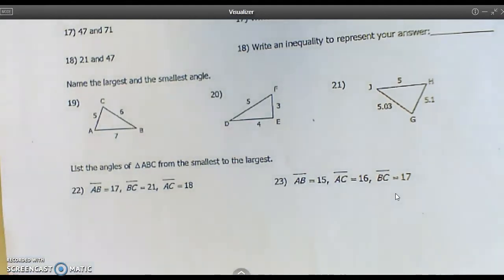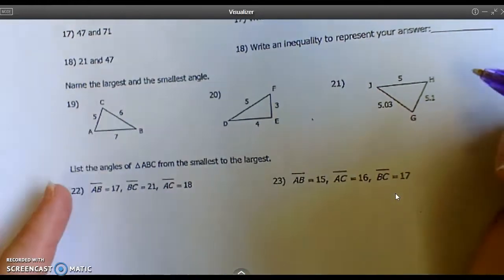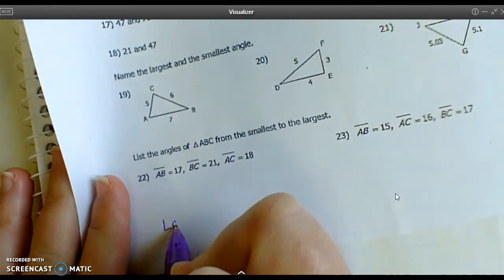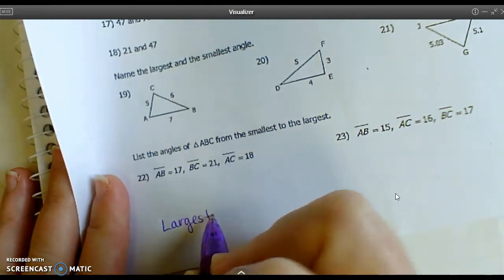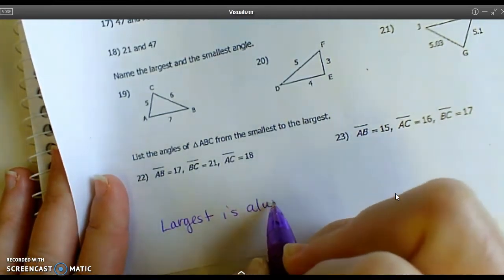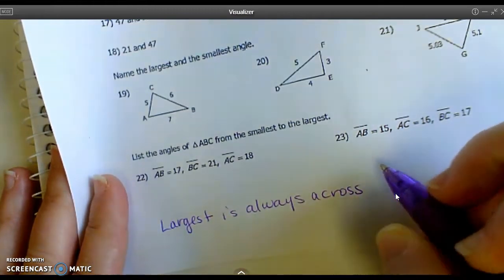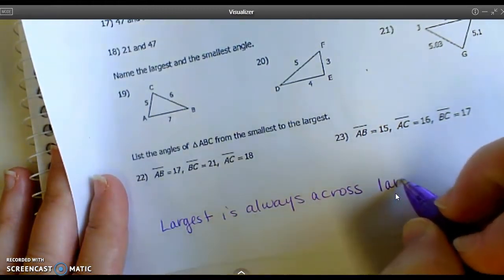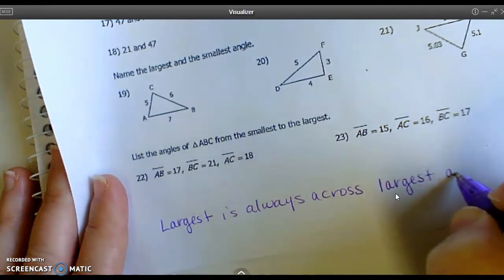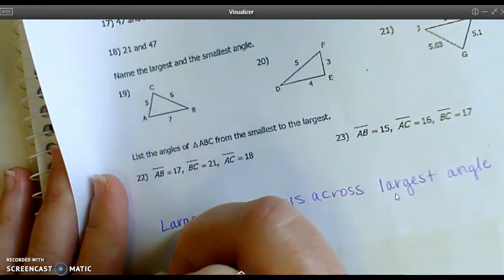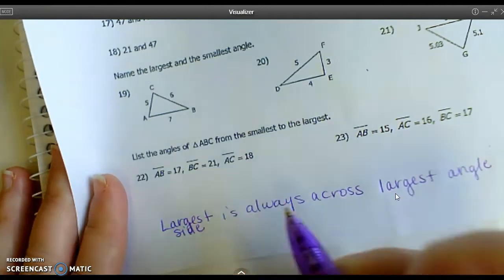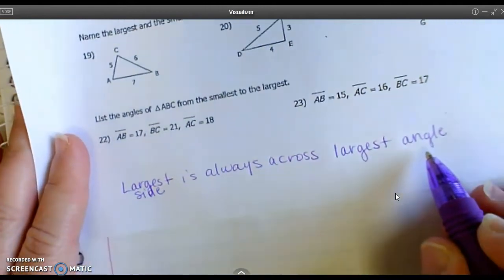Some other kind of examples that we want to look at about triangles, and some other interesting thing is that the largest side, I'll write this at the bottom, the largest side is always across from the largest angle. I forgot to write side right here. The largest side is always across from the largest angle.